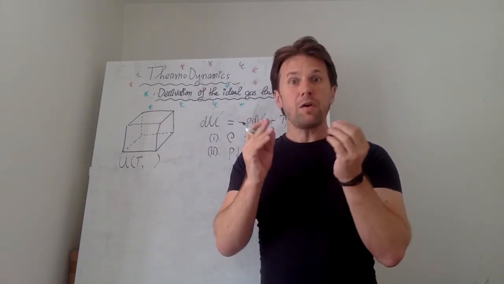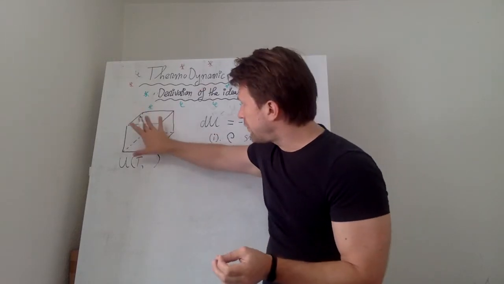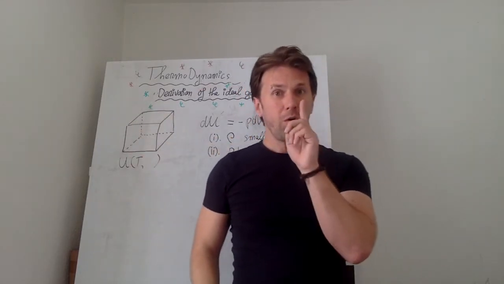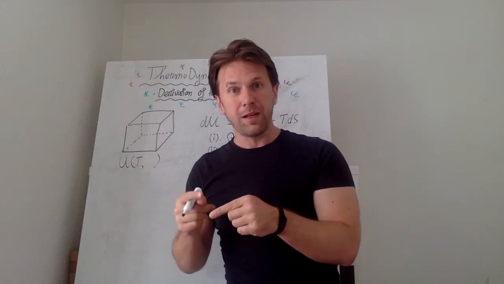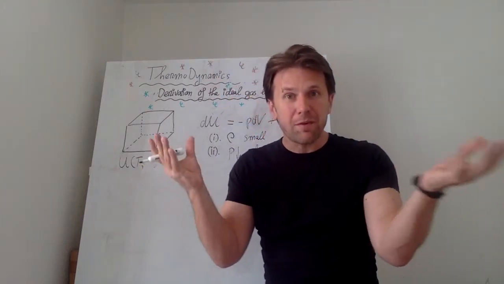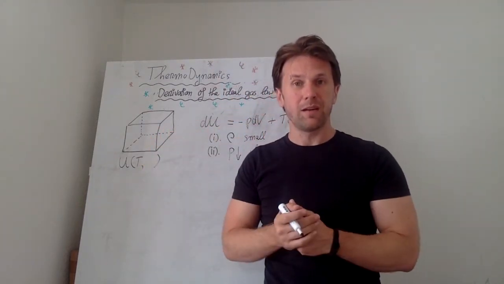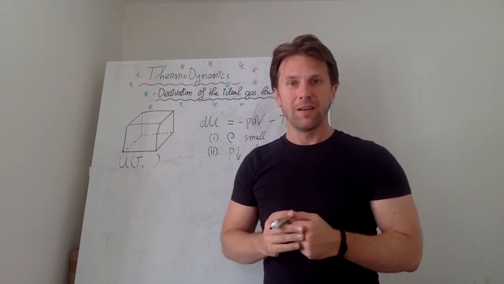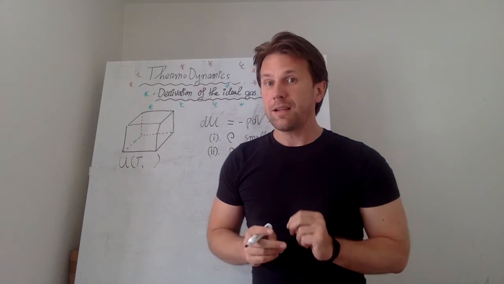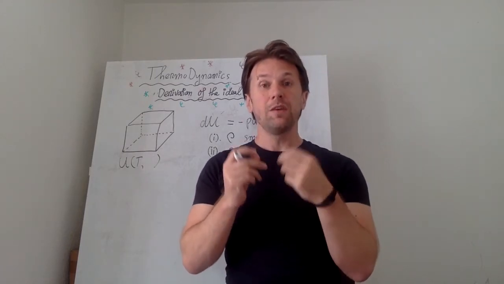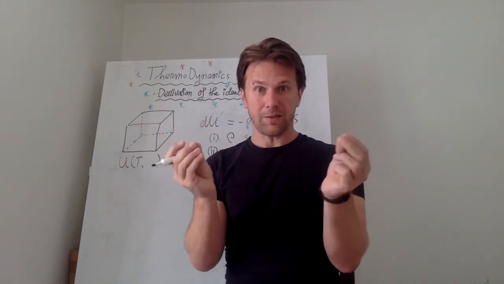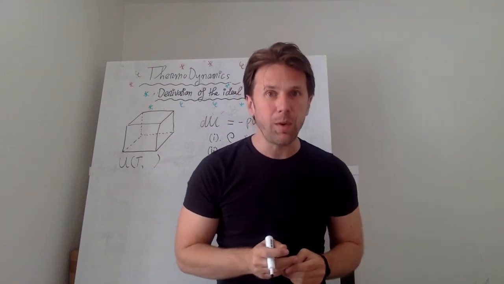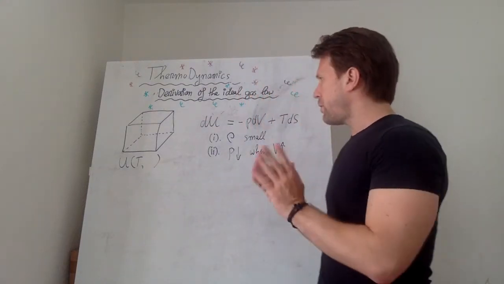Point here is, of the three numbers that make up the stuff in the box, you're only going to need two, because then the third one is fixed by whatever relationship holds them together. Now we're going to see that that relationship is the ideal gas law, but even if I don't know yet that it's the ideal gas law, I know there's going to be some law that's going to connect them together. Such a law, by the way, is called an equation of state in thermodynamics.